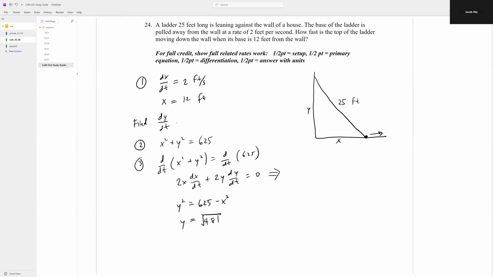And we find that after plugging things in, that 2 times x, which is 12, times dx/dt, which is 2, plus 2 times y, so 2 times root 481 dy/dt equals 0.